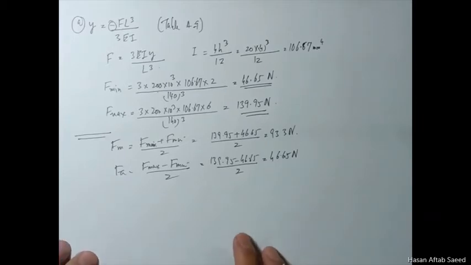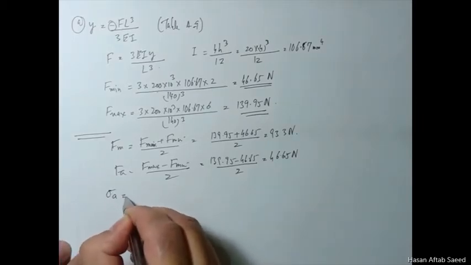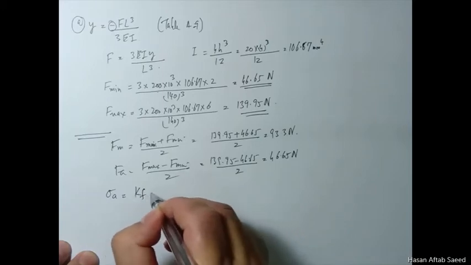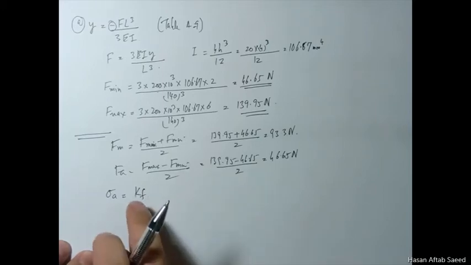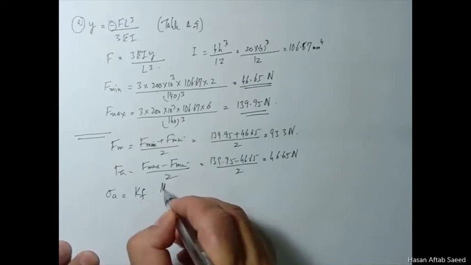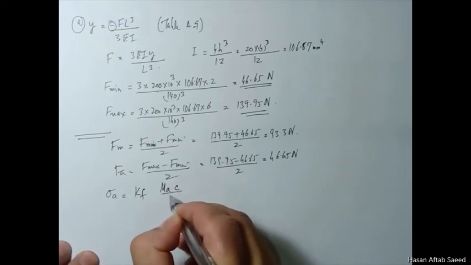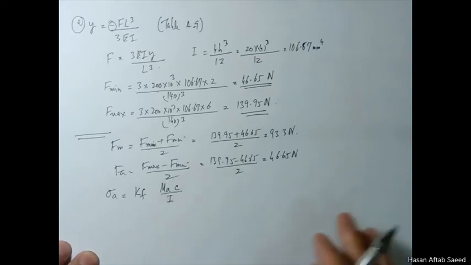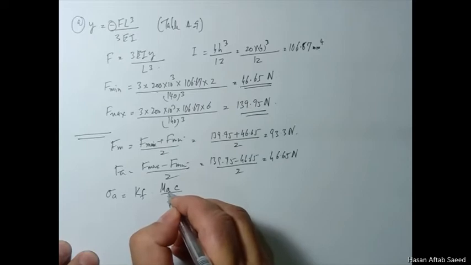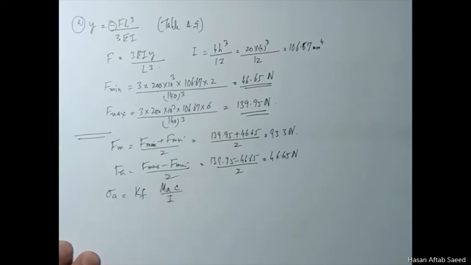Now sigma A is nothing but Kf, this is the fatigue stress concentration factor, you have to use this, and we have been given this value, 1.5, times Mc over I. This is the formula for flexural stresses, and this A signifies the alternating, amplitude component.